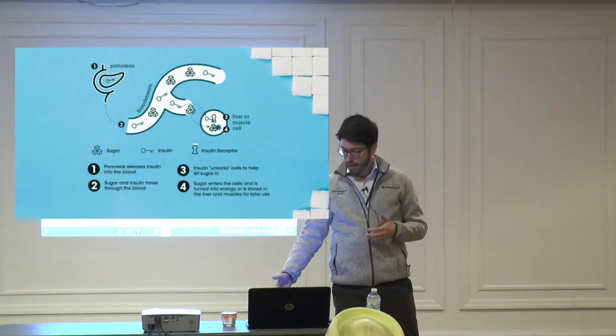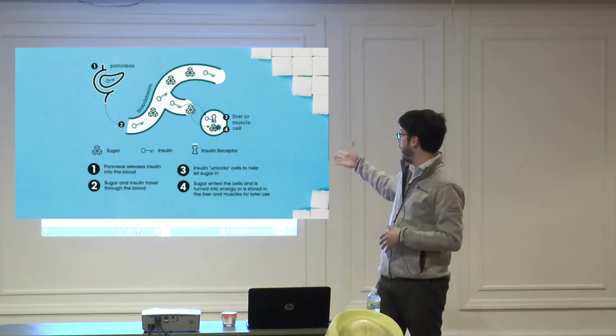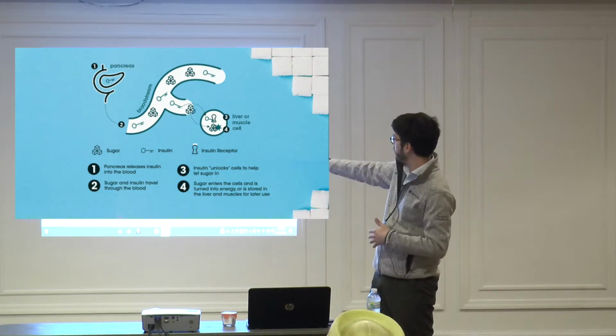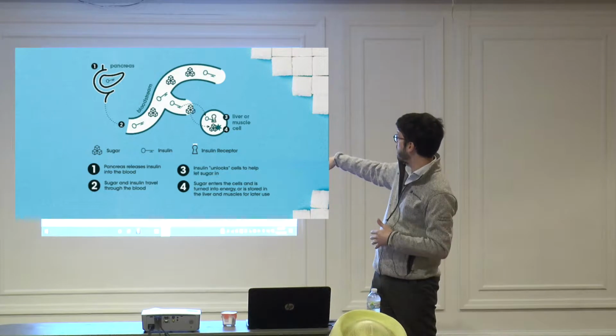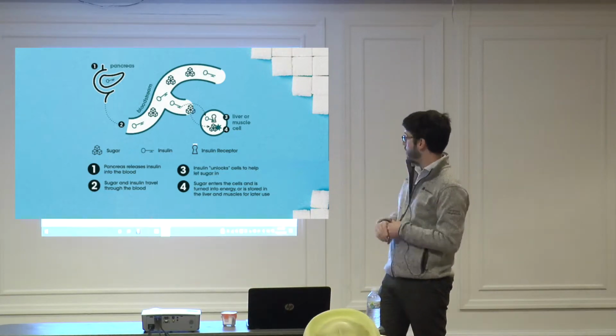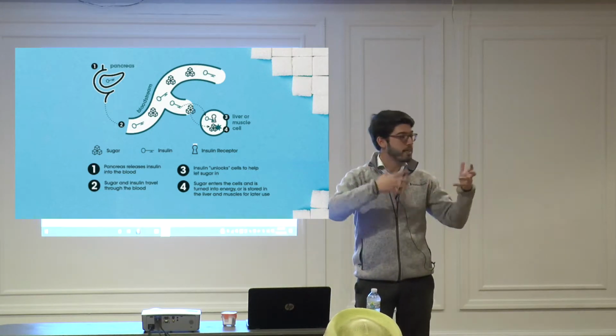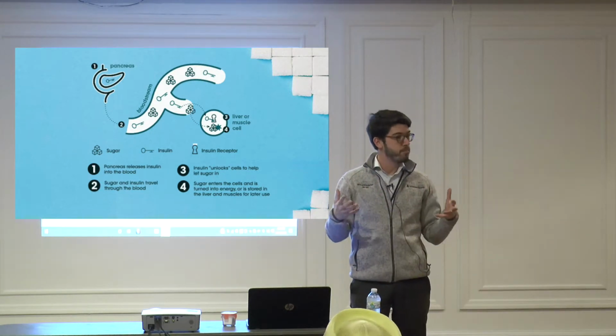So that's the first step. Insulin is released into the blood. And here you have a little schematic of the bloodstream, which is the little vessel, the little white part. Insulin is the key, and blood sugar is the little blocks of sugar. And then the second step, the sugar and the insulin mix up and travel together in the blood everywhere.